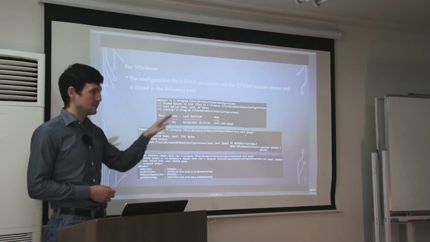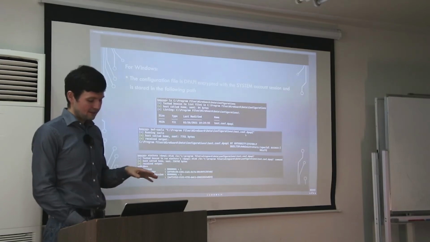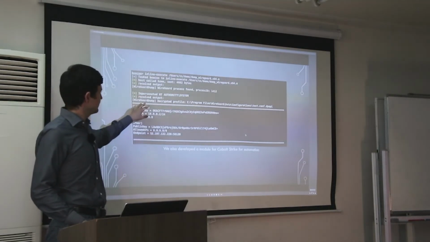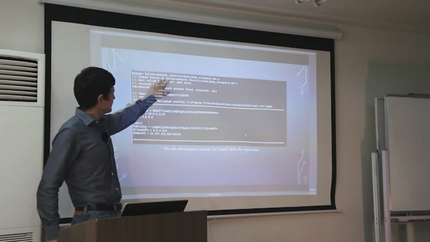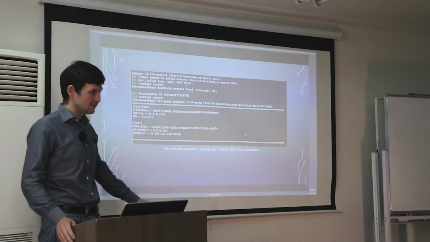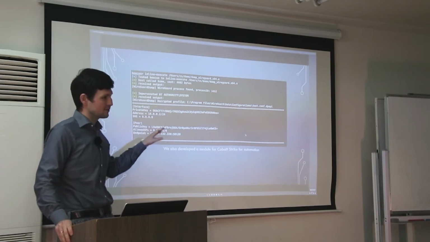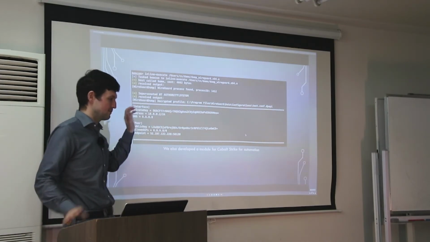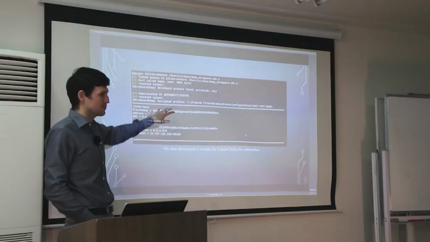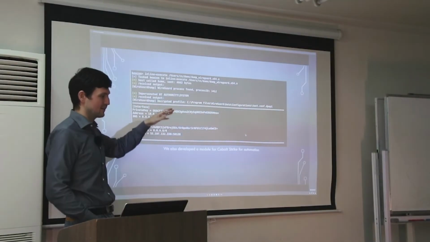The thing that I have done here calls inline execute and a something.o file. It is an object file. This extension will look like a C program with Windows API calls, and it will be executed inside the memory of this process in the main thread.